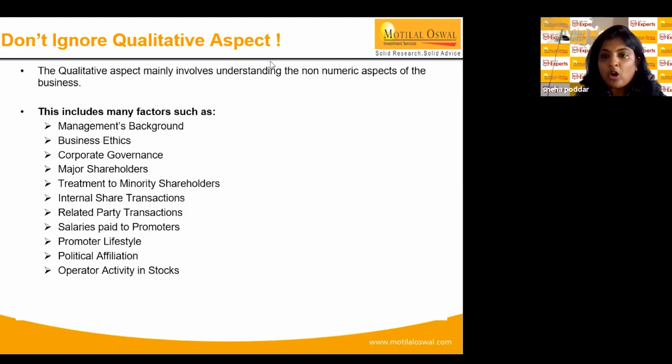Then you'll have to take a very broad call on the expenditure. You'll have to look at the historical trend, how they have been able to manage their expenditures, and whether they are doing any future capex or not. Accordingly, you'll understand their fixed expenses and their variable expenses, and you can take a call on it. Then you'll arrive at the operating profit.